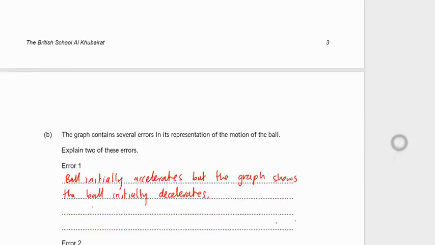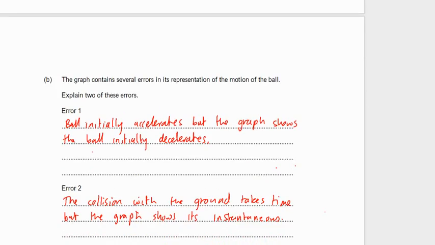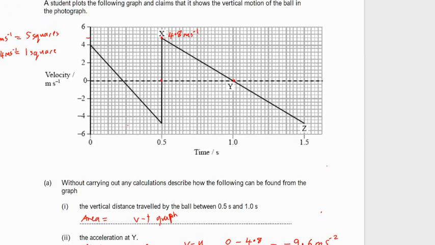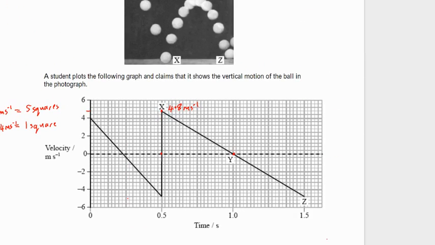Second point I mentioned is that the ball then collides with the ground here at X. Now here it says that took no time. So the time the ball was in contact with the ground was 0 seconds. In reality, the ball is in contact with the ground for a short period of time.